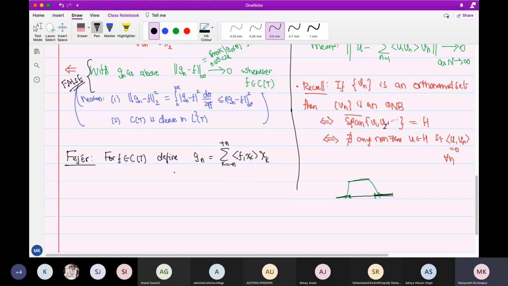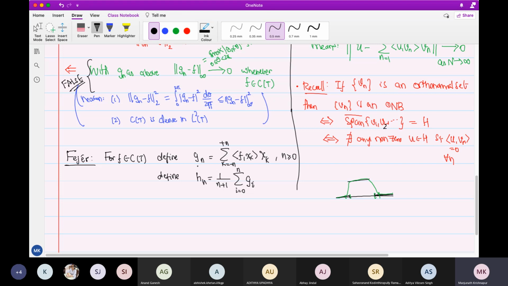Now what Fourier did was to define Hn, which is an average, for i equals 0 to n. So this is defined for n greater than or equal to 0: G naught, G1, and so on. You take the average of the first n.